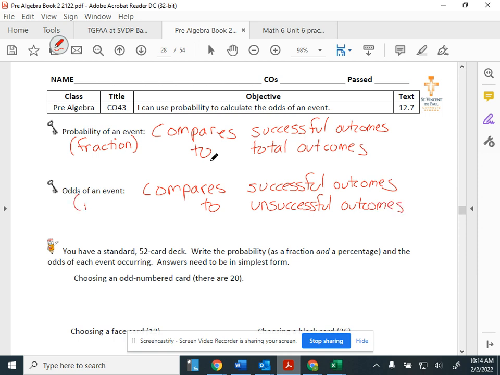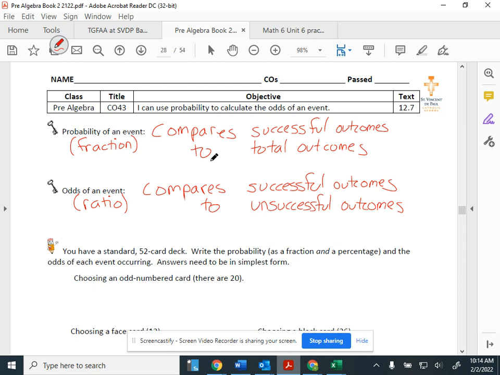This is a ratio. So successful outcomes to unsuccessful outcomes is a ratio. Probability, successful outcomes to total outcomes, is a fraction. So we get different answers for probability versus the odds.